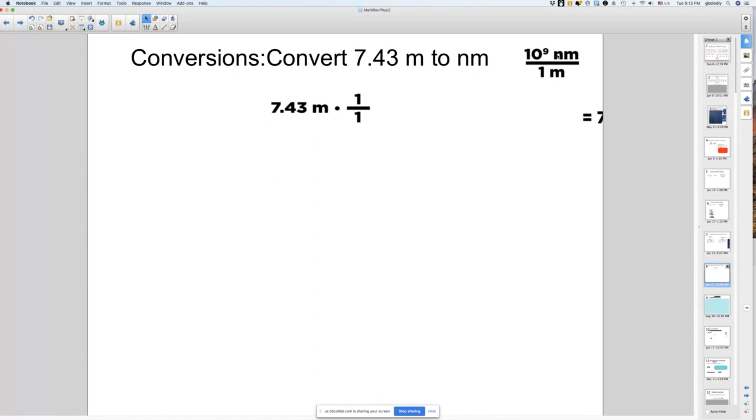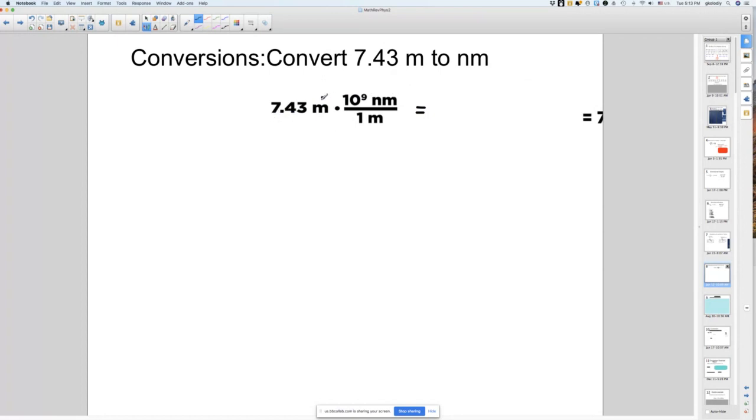Here's the relationship. 10 to the 9th nanometers equals 1 meter. This is one of the things we just covered. So if I multiply this by this fraction over here, that means I'm multiplying by 1. So whatever I get by multiplying this out will equal whatever I started with, because I'm multiplying by 1.